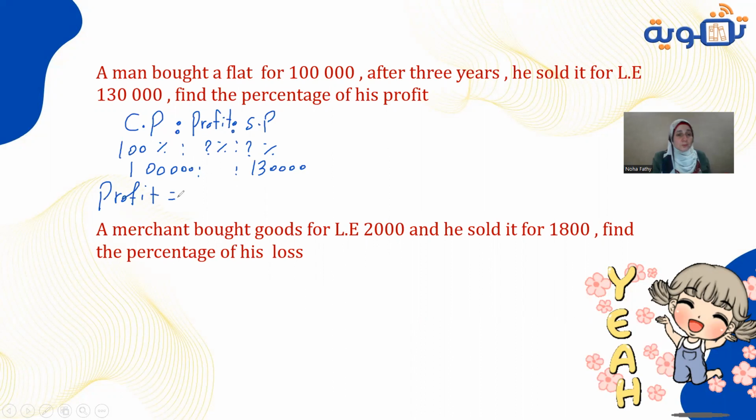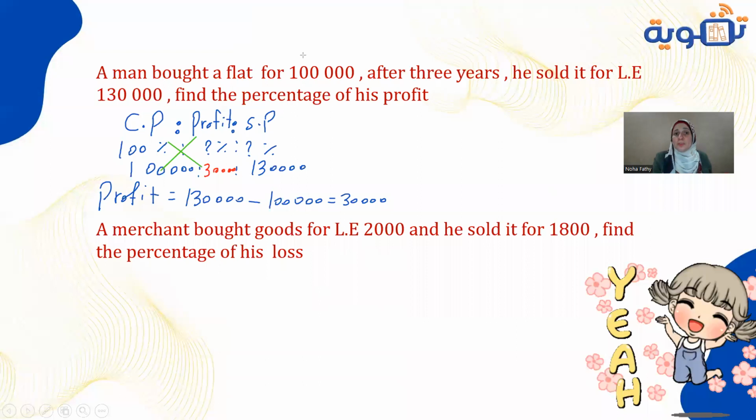So the profit equals 130,000 minus 100,000, which gives me 30,000. So I will write here the difference. This is the amount of the profit. What is the percentage of the profit? Cross multiplication.